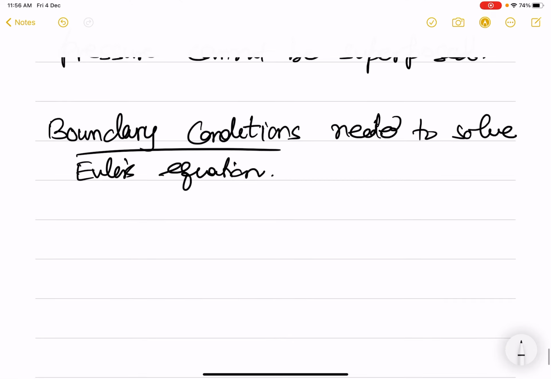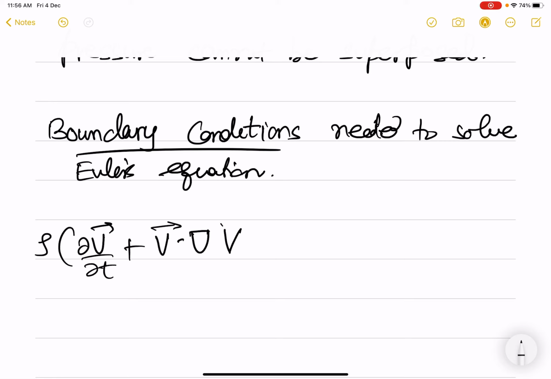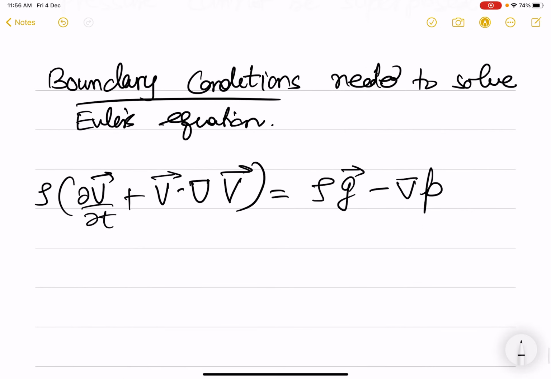Euler's equations are rho times partial v by partial t plus v dot grad v is equal to rho times g minus grad p. This is the equation because mu del square v is equal to 0.